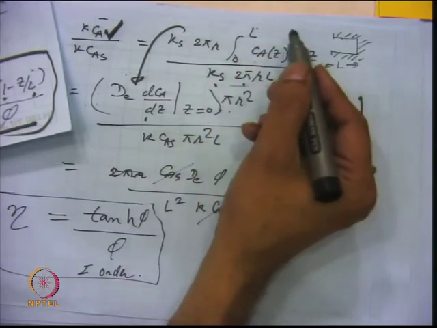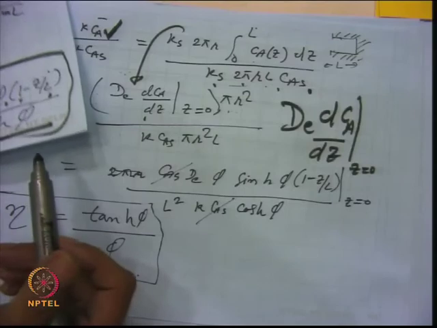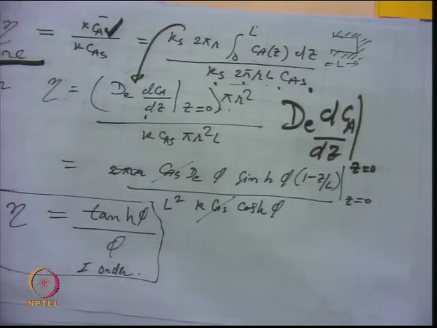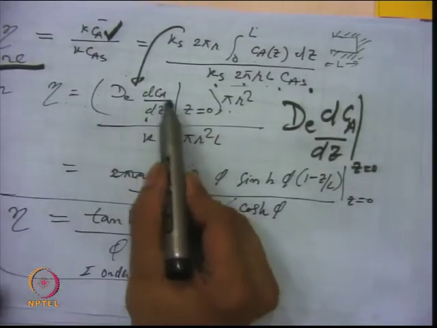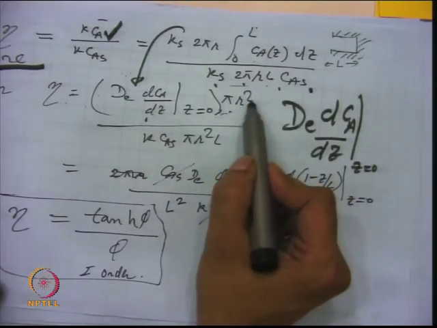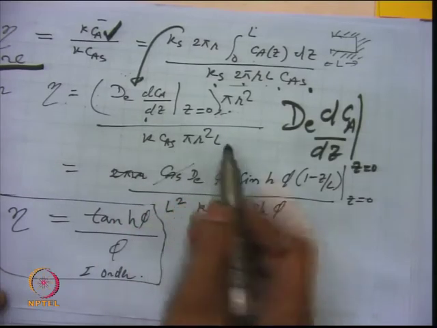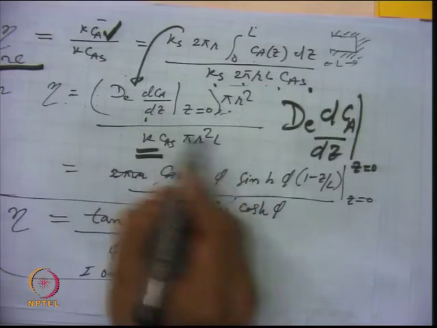So again you will get a function of sinh phi divided by cosh phi, which is tanh phi. So this is what is shown here: dCA by dZ at Z equal to 0, times pi r square, divided by k times Cs times pi r square. Here it is based on volume, choice is yours, as I said.